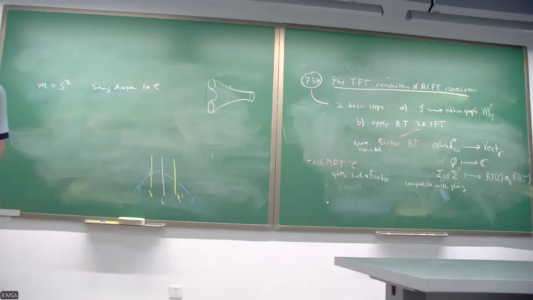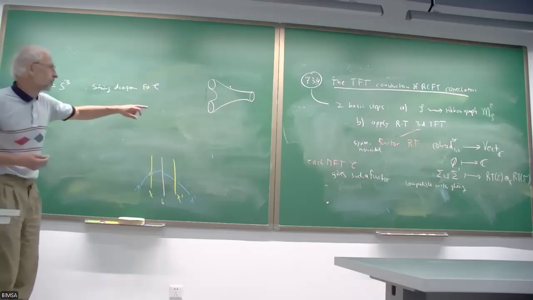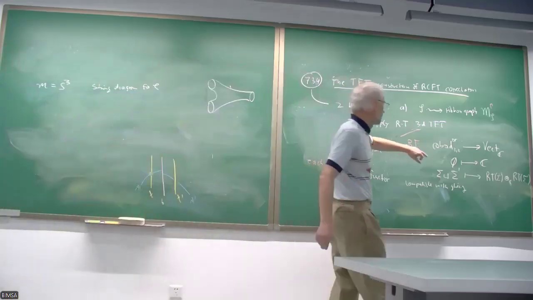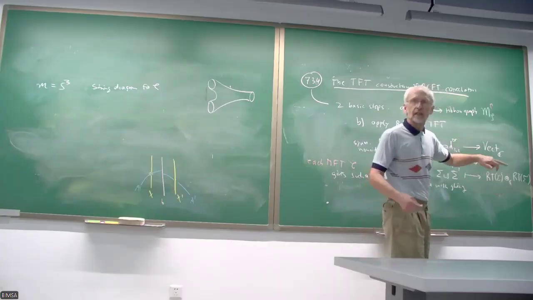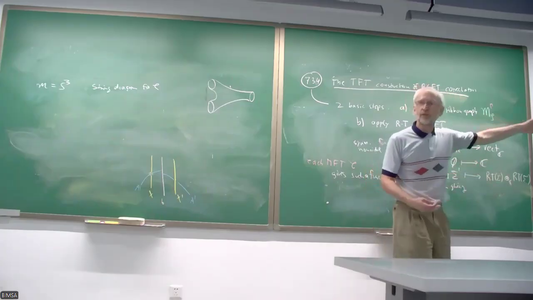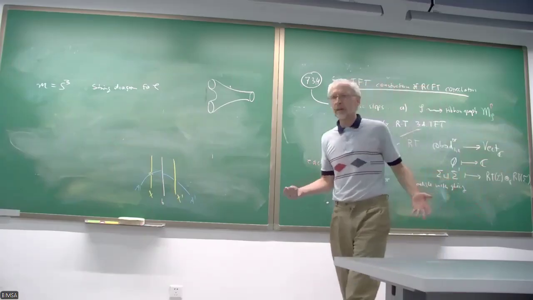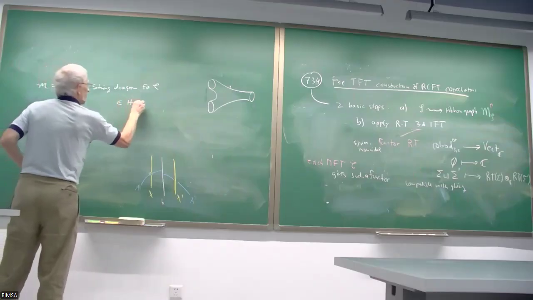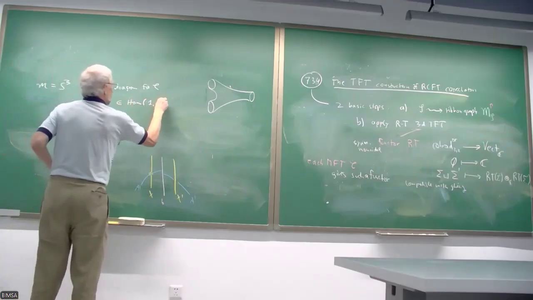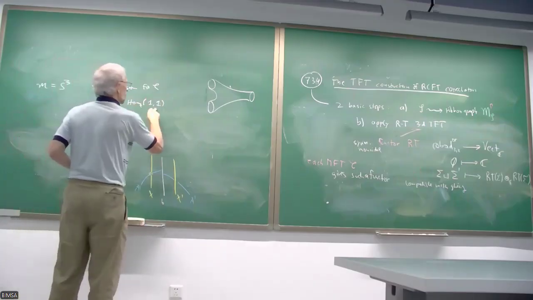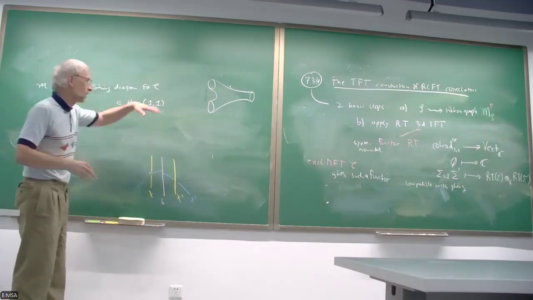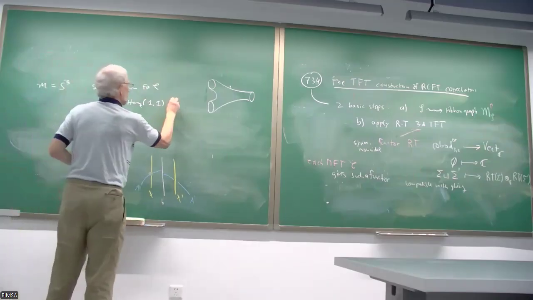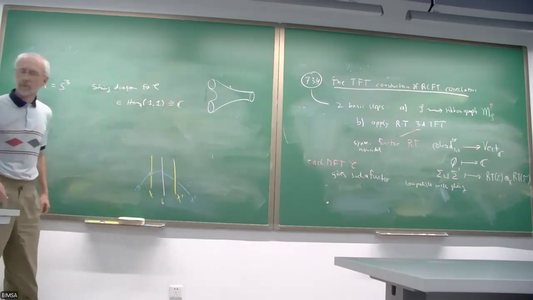Then this is in particular closed, so that means it's a morphism from the empty set to the empty set. So I have to get a linear map from the complex numbers to the complex numbers, meaning a complex number, and that complex number is precisely the one that I get by identifying the endomorphisms of the monoidal unit, which, remember, in string diagrams is invisible, with the complex numbers.